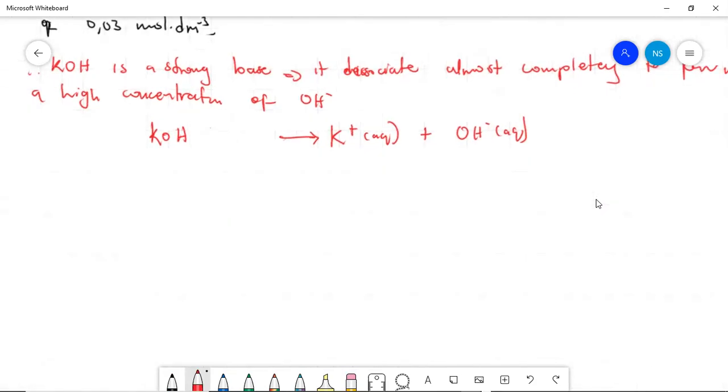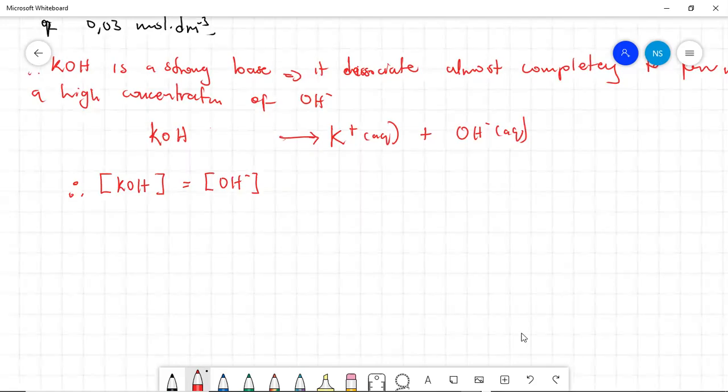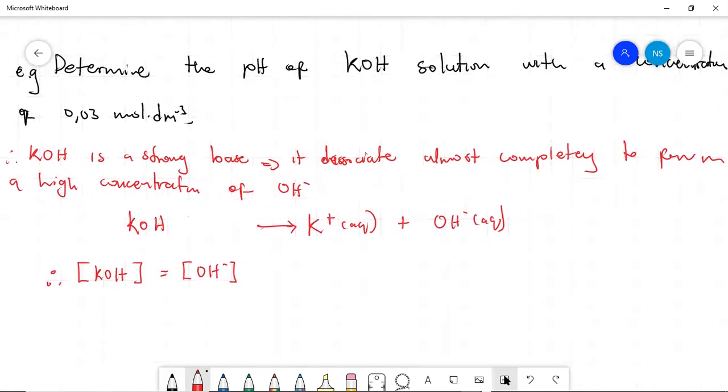So therefore, from this equation, we can see that the concentration of KOH is equal to the concentration of OH minus, because it dissociates almost completely to form a high concentration of this. And we can see that it only forms one OH here, right? So that's the conclusion that we have made. Remember, they want us to calculate the pH, right?